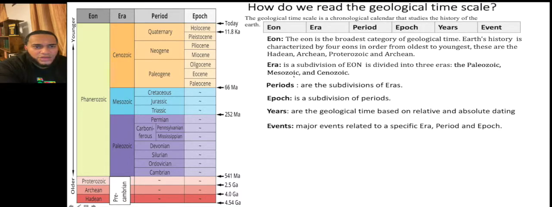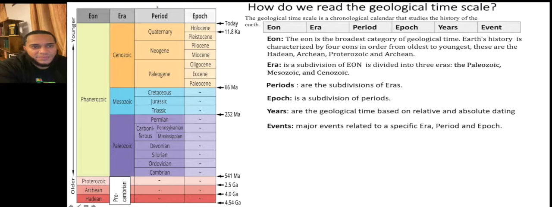Now, how can we learn this? Remember that eon is the largest and broadest category and compartment of the geological time scale. Era is a subdivision of eon, periods is a subdivision of era, and epoch is a subdivision of period.